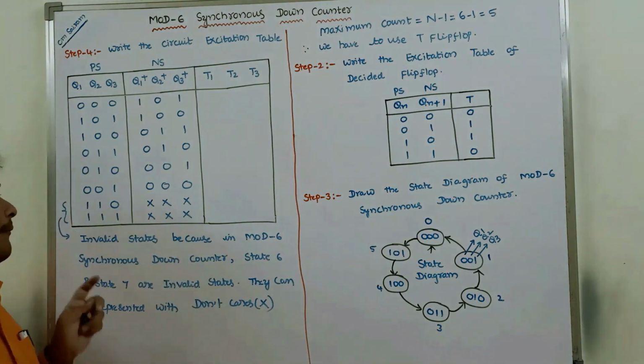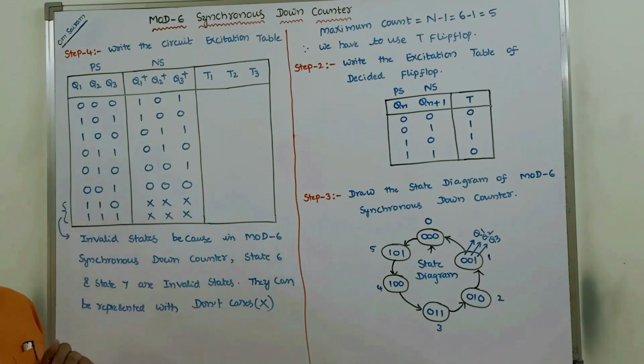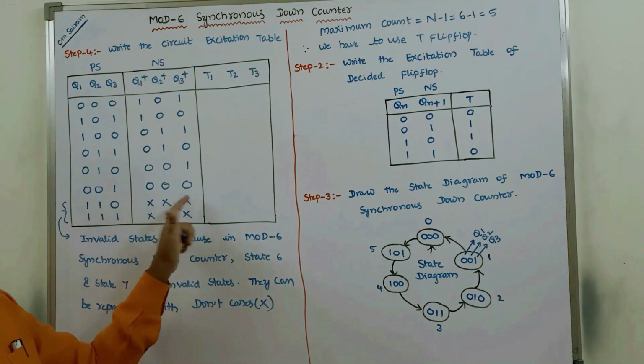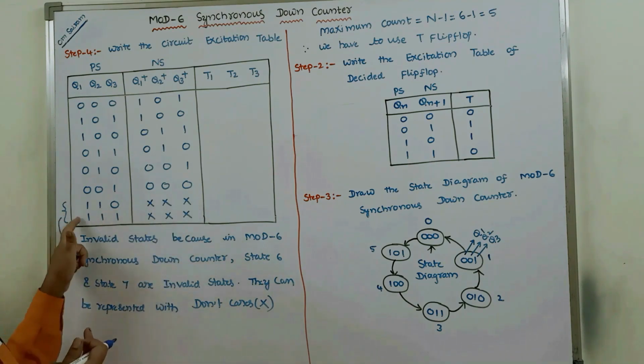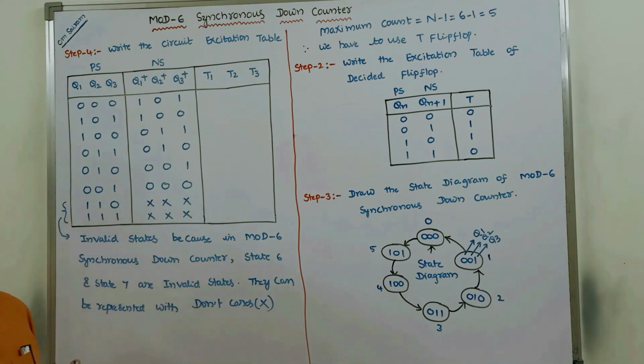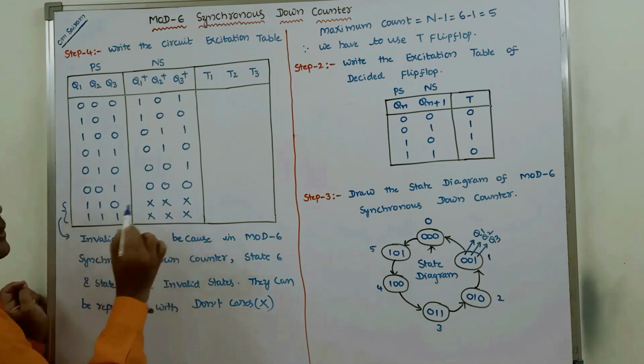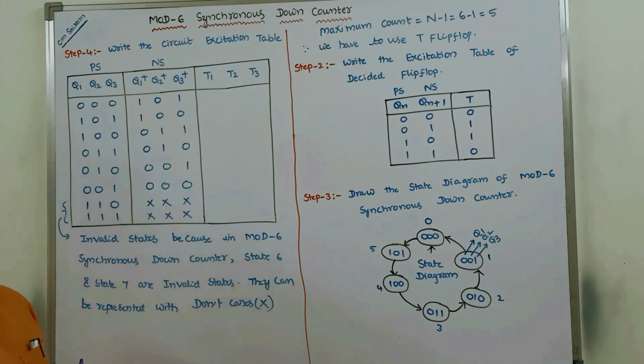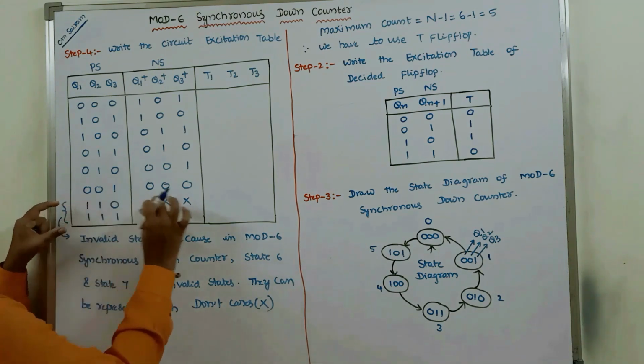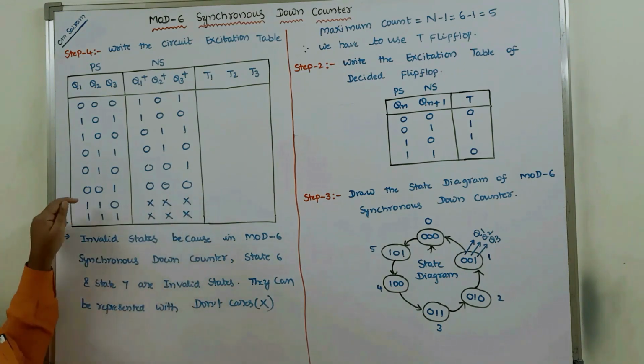Okay. For 1 1 0 present state, the next state we do not know, so it can be represented with don't care. For 1 1 1 present state, there is no next state, so that can be represented with don't care. If you wish, you can write these two rows in the circuit excitation table. If you do not wish, you do not mention these last two rows.